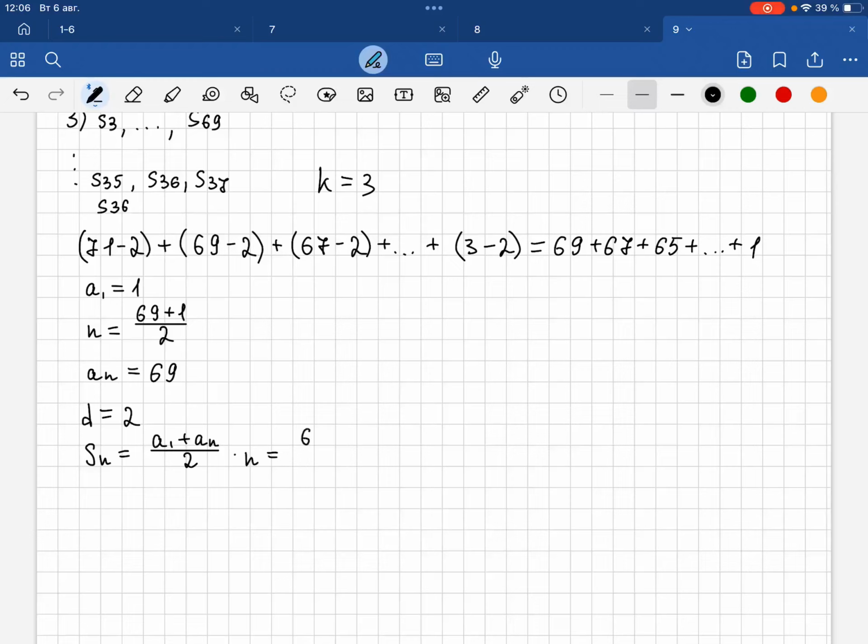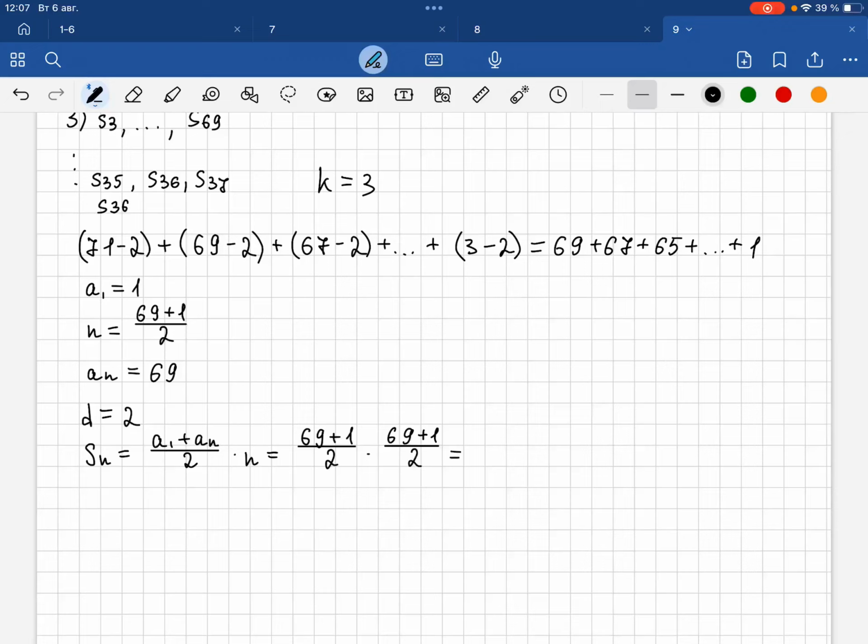This is equal to 69 plus 1 divided by 2 multiplied by 69 plus 1 divided by 2.